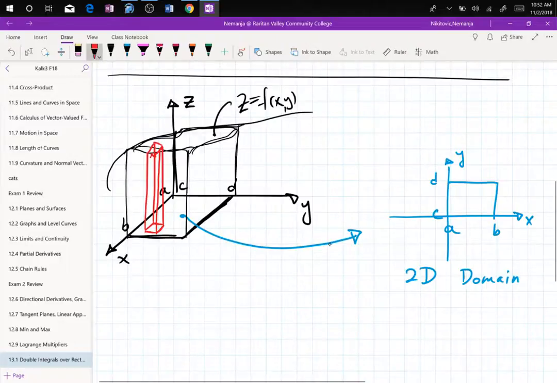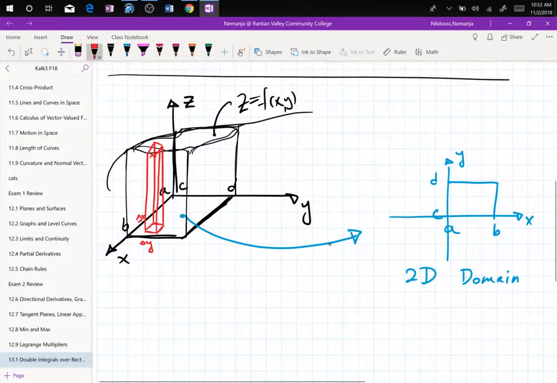This representative French fry has delta x and delta y in its base, which would immediately upgrade our integral to the double integral, because now you see that your integral has to have dx and dy and then the function, right?